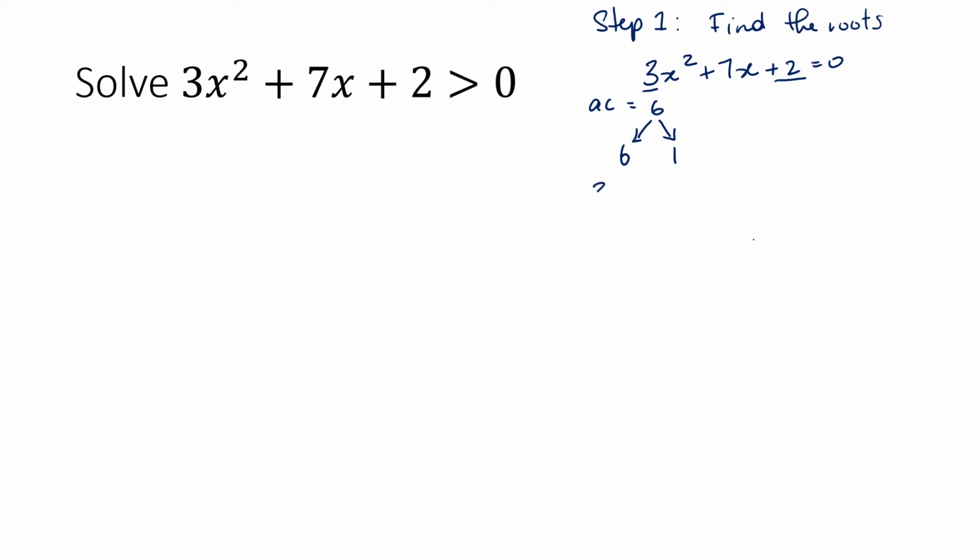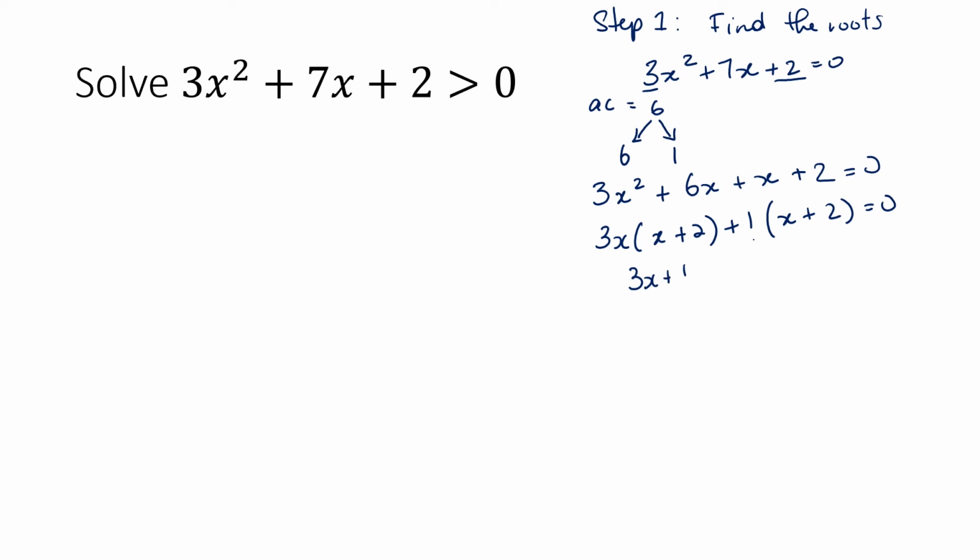So we write 3x squared plus 6x plus x plus 2 equals 0. Highest common factor here is 3x, 3x times x plus 2. Highest common factor here is 1, 1 times x plus 2. So 3x plus 1 is our first factor, x plus 2 is our second factor.